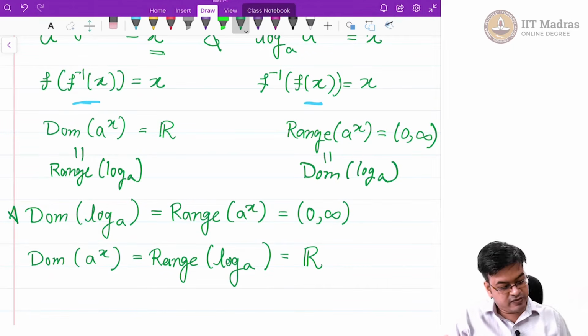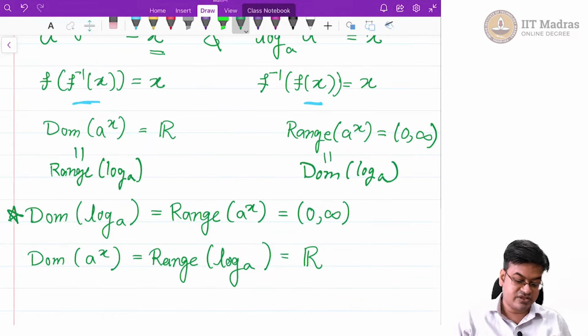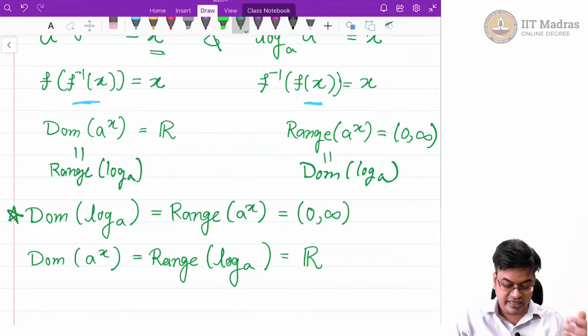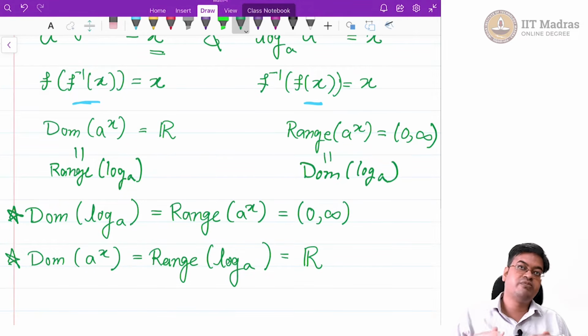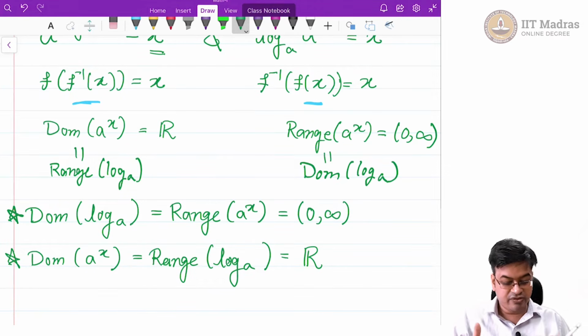That is, the domain of log to the base a is actually the range of a raised to x, which is 0 to infinity, and the domain of a raised to x is actually the range of log to the base a, which is the entire real line. These are the two important points which will help you in understanding the domains of the functions derived from logarithmic or exponential functions.